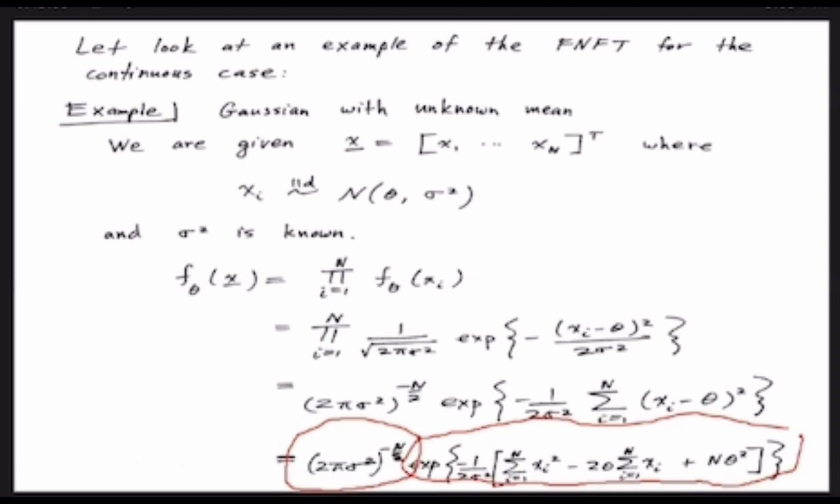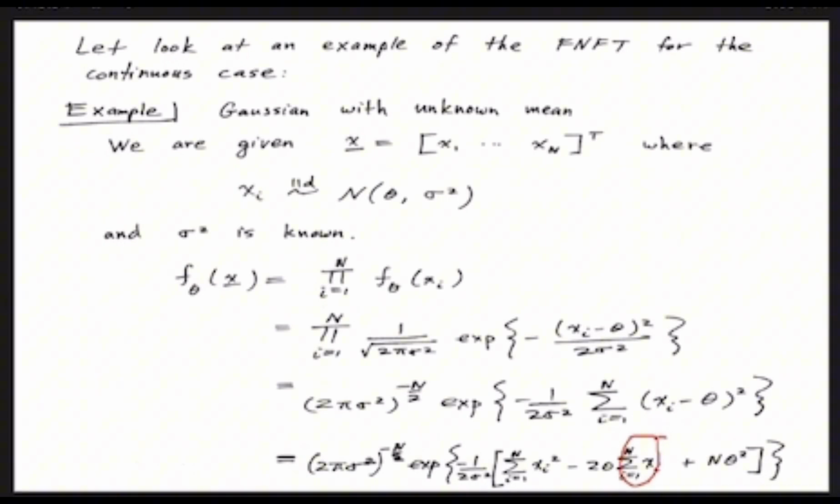Now, if I want to know which one is the sufficient statistic, don't forget the focus is on the mean. The sufficient statistic is going to be this: summation x. Do you see? Minus 2 theta. You see that? You're going to get the sufficient statistic in the function that contains theta.